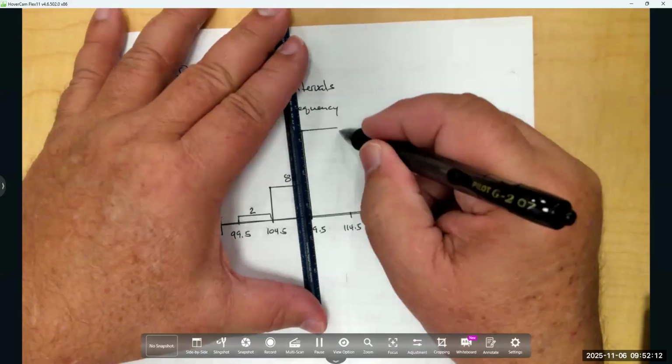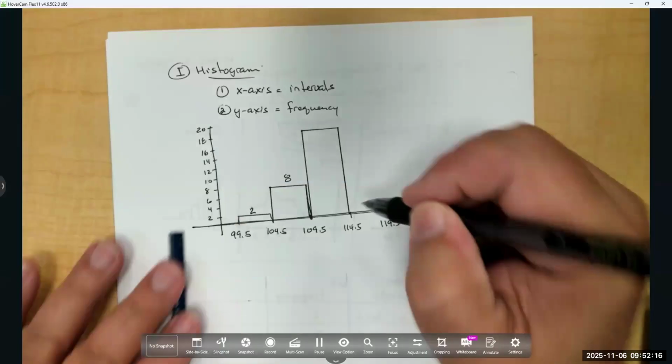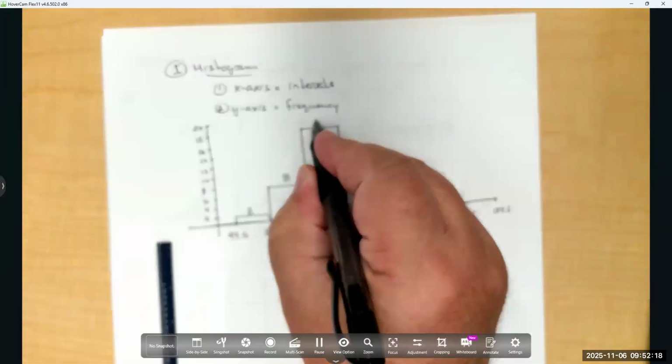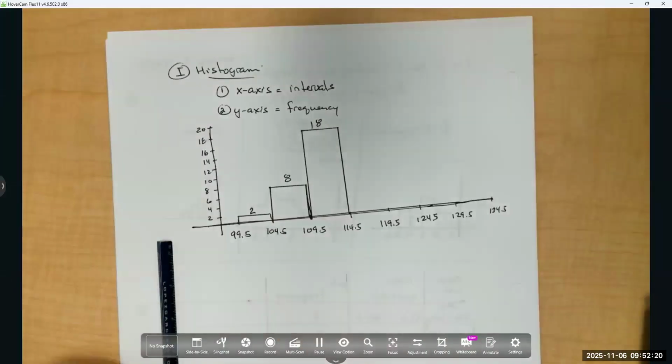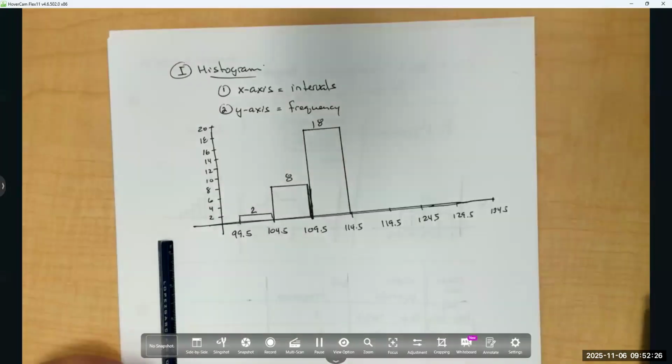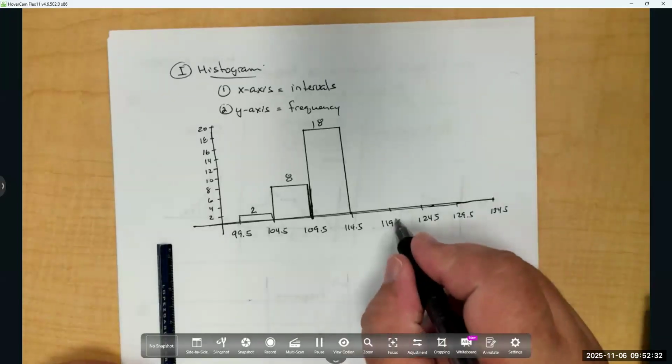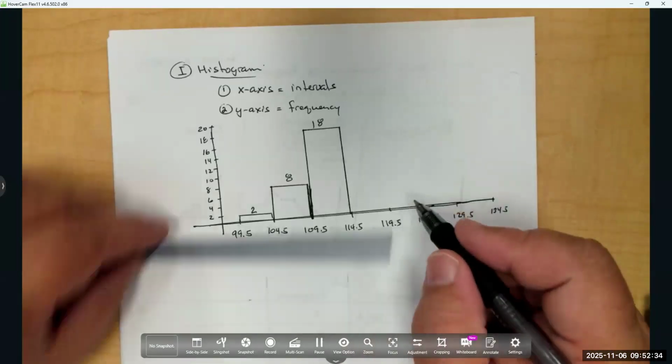The important thing about the histogram is the bars, the sides of the walls touch. Or they're supposed to touch. And then the next one between 114.5 and 119.5 is 13.